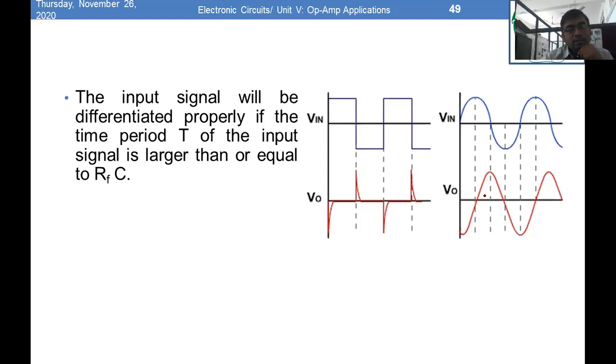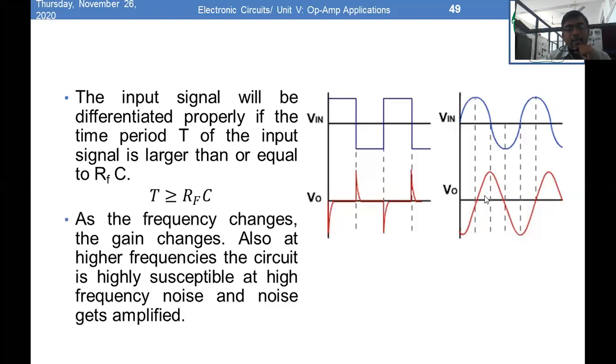The input signal is differentiated properly if the time period T of the input signal is larger than or equal to Rf C. So as the frequency changes, gain also changes.